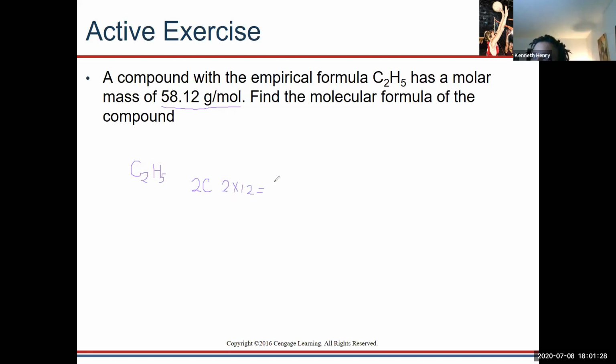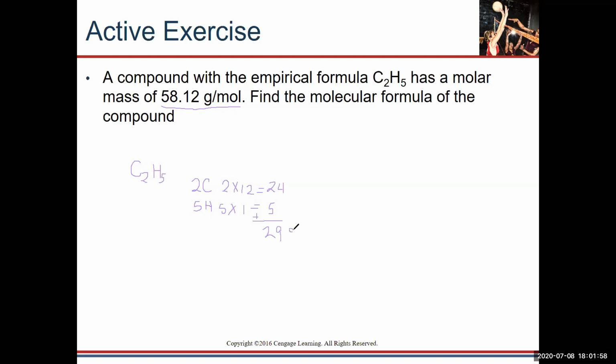We do the same for hydrogen. How many hydrogens do I have? 5. So 5 times, what is the mass of hydrogen? 1. So we add these together, we get 29. What are the units? Grams per mole.